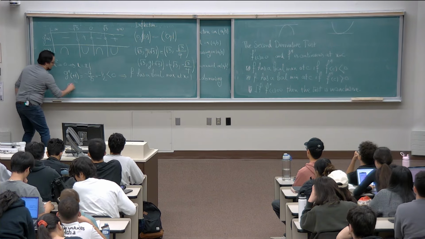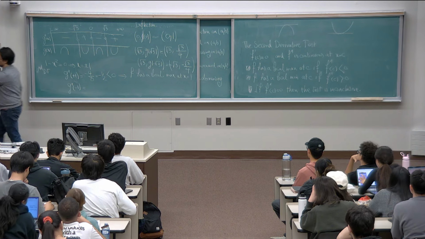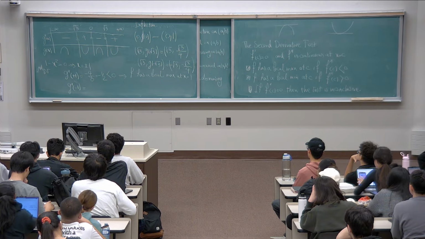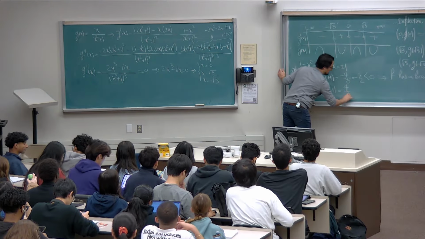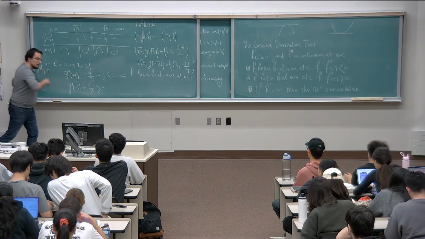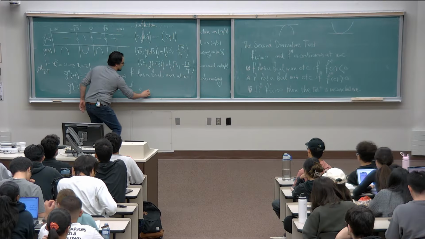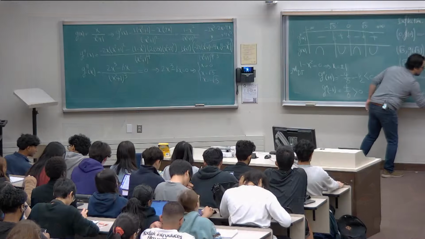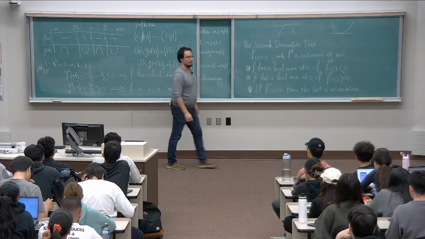G double prime at negative 1, if you plug in, you get negative plus, so you get 4 over 8, which is a positive value. Only at that point, you don't need to know more. Then f has a local min at x equal to negative 1.